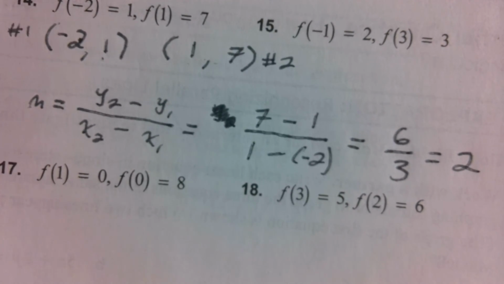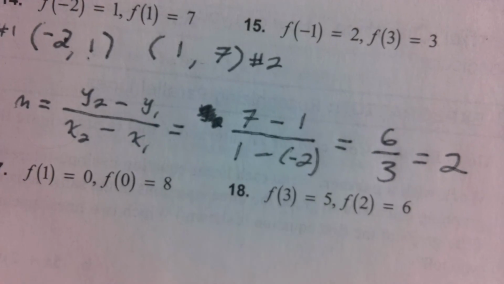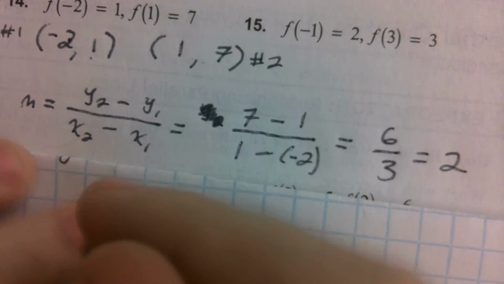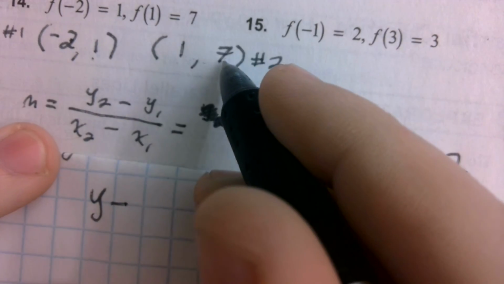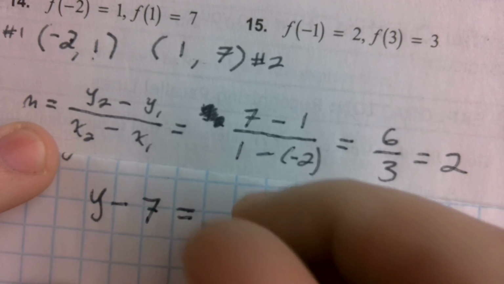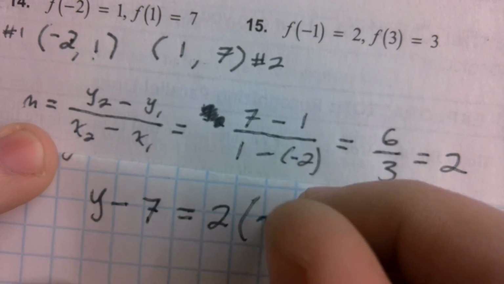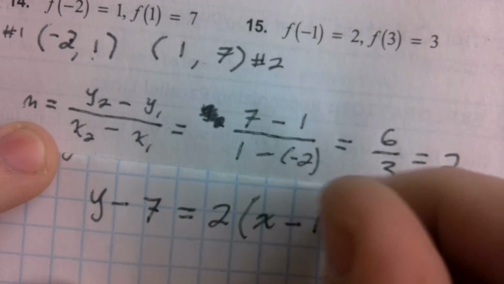By combining the fact that our slope is 2 with a point of our choice, I'm going to choose 1 comma 7, because that one seems like a cool point to use. We can write out our point-slope form, which is y minus the y value of the point, 7, equals our slope, 2, times x minus the x value of our point, 1.